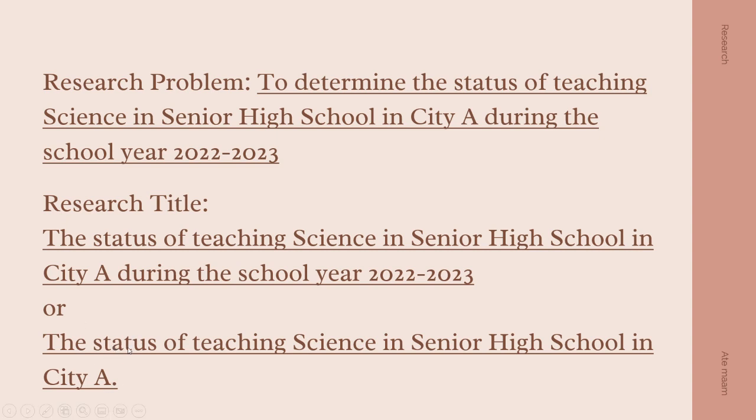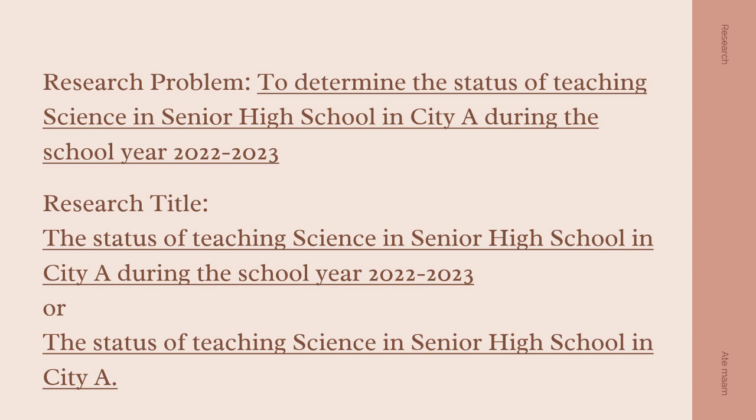For the second example, the status of teaching science in senior high school in CTA, make sure to include in your scope and limitations your where, your who, and your when, so that those specific elements of your research title can be distinguished by the reader.